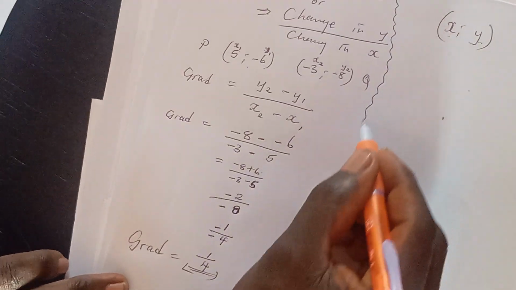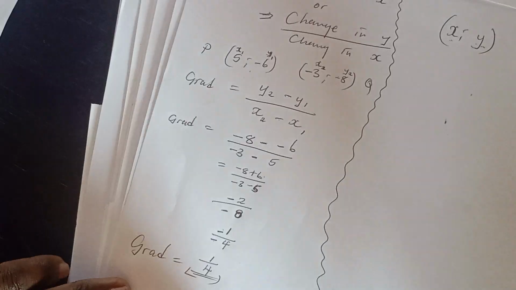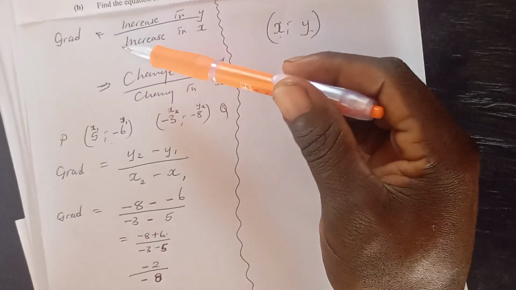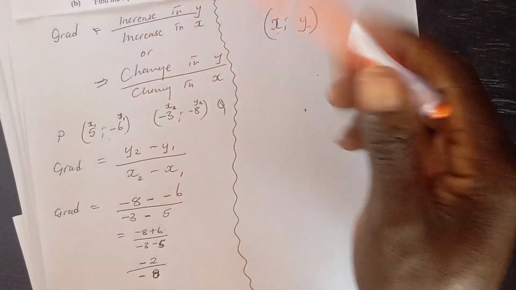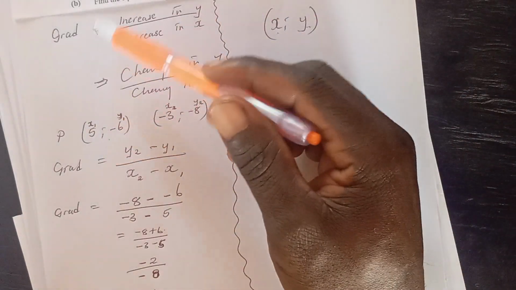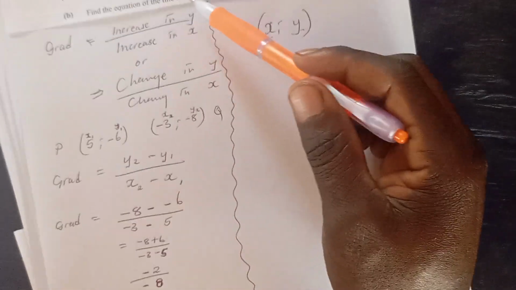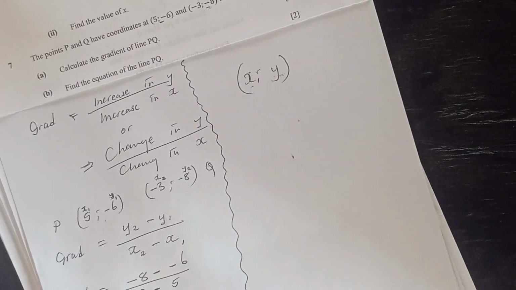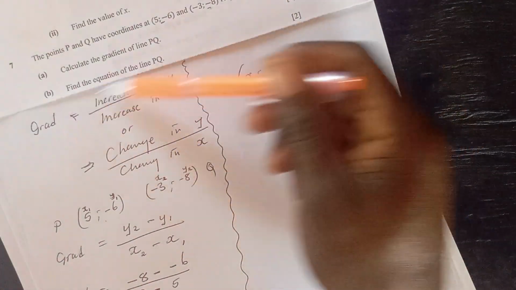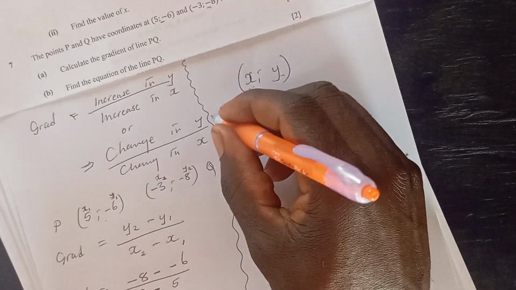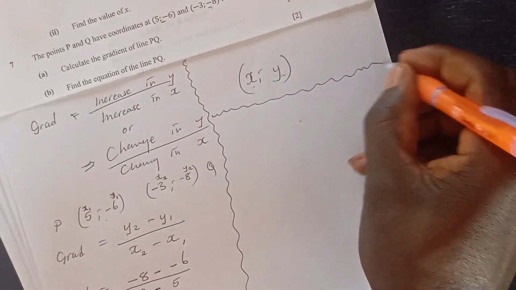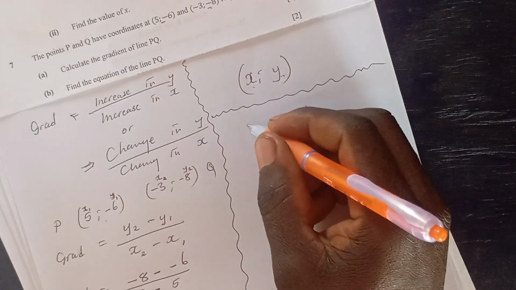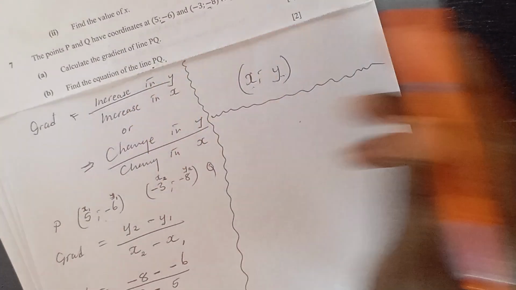Part B: find the equation of the line PQ. After calculating the gradient, we are required to find the equation of the line PQ. The first thing we need to know is PQ is a straight line.